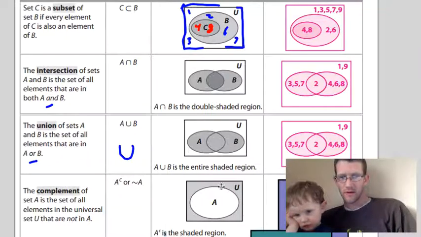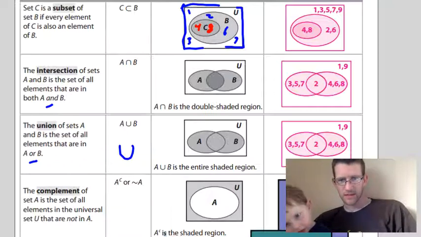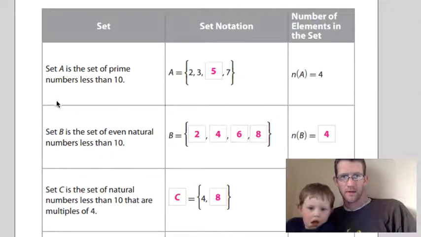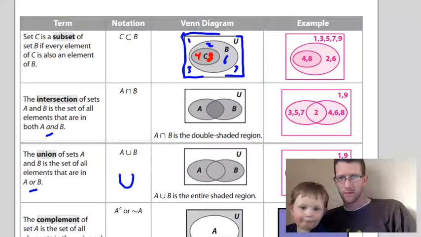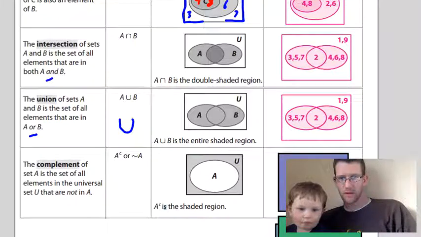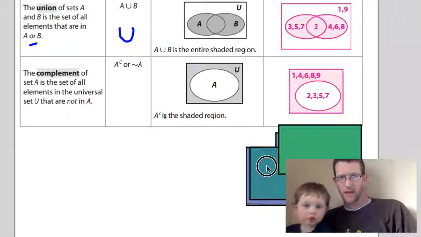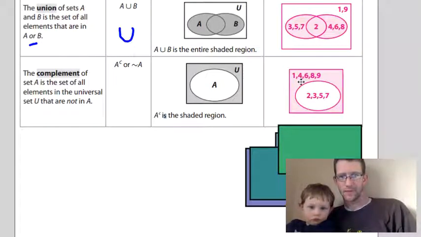So instead of set A here, we include everything in the universal set that's not in set A. And again, set A is the prime numbers less than 10, right? So that includes 2, 3, 5, 7, and everything else is in that complement of set A up top.